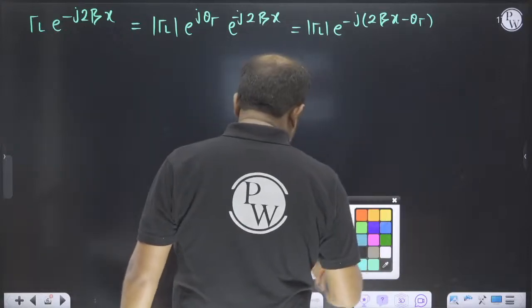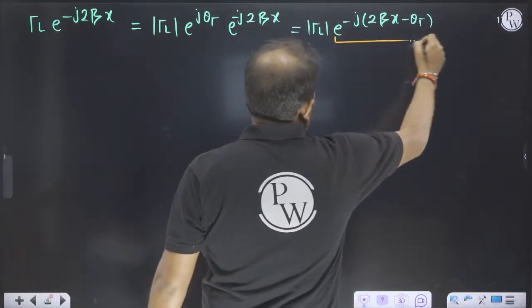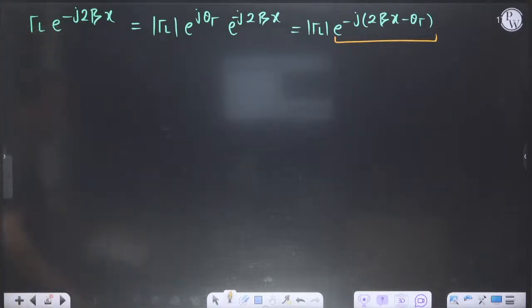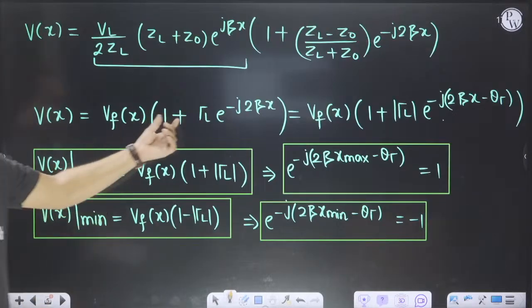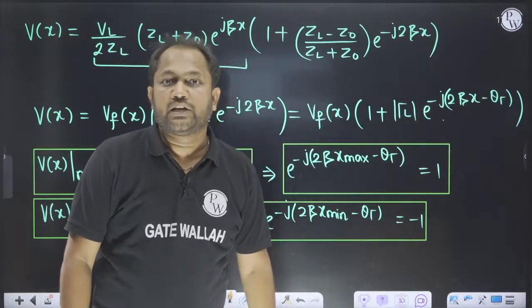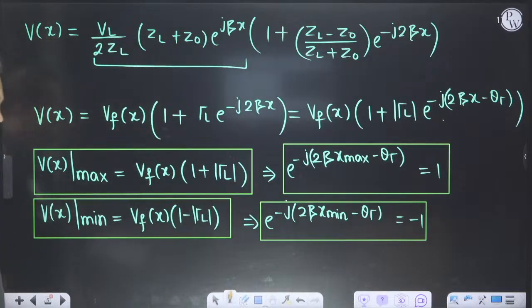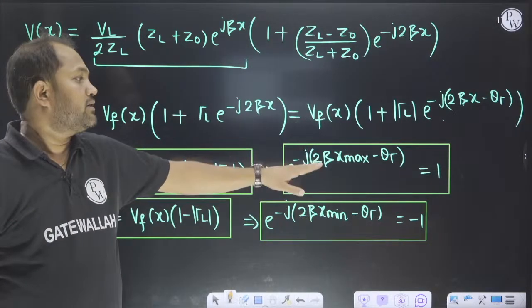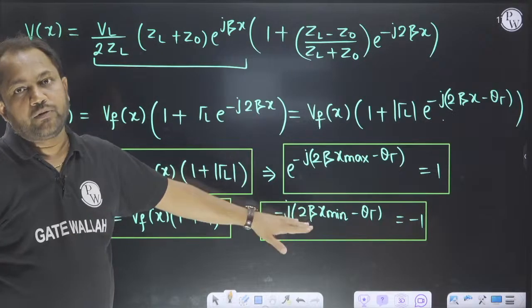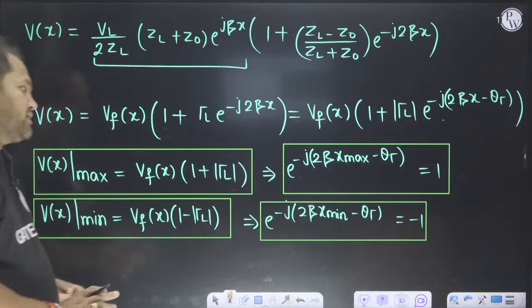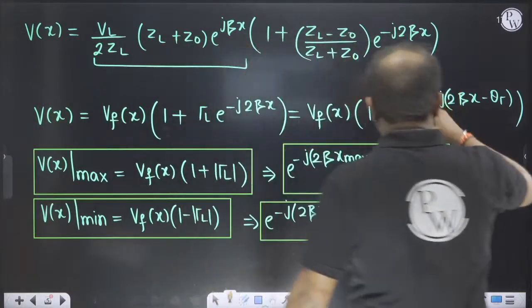So there are two types of values: one is plus 1 and the second one is minus 1. So I have written gamma as magnitude of gamma_L e to the power j(2βx minus theta_gamma). You will ask how it is plus 1 and how it will be minus 1. I will tell you after two to three minutes.